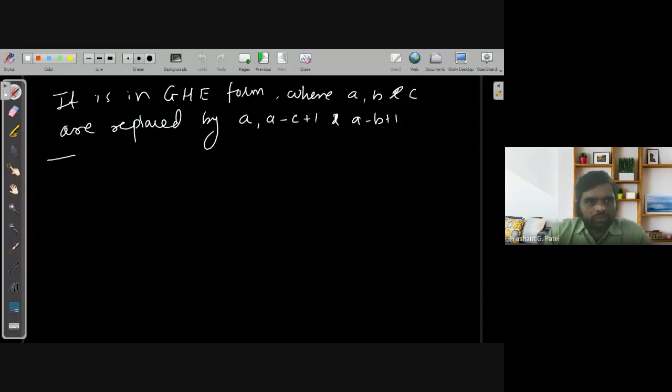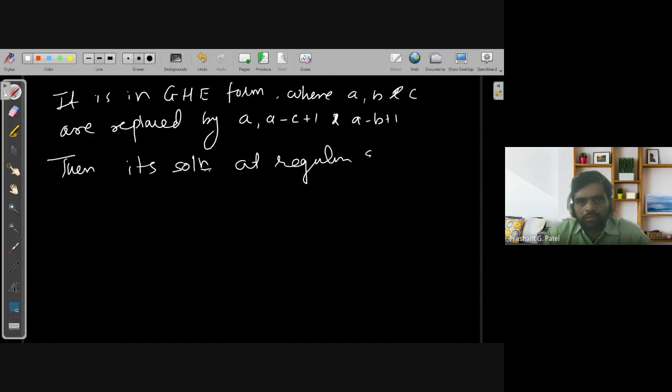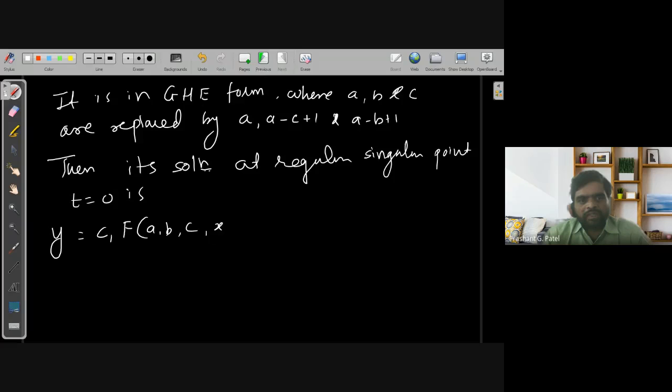So then its solution at the regular singular point x equal to 0 is y equal to c1 F of a, b, c, x plus c2 x raised to 1 minus c F of a minus c plus 1, b minus c plus 1, 2 minus c, 1 minus x.